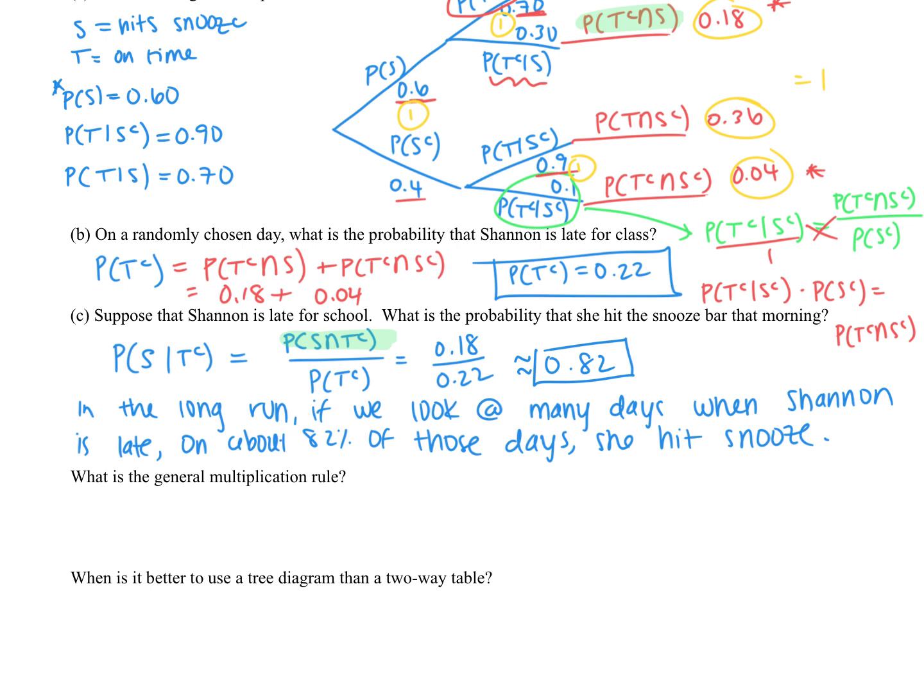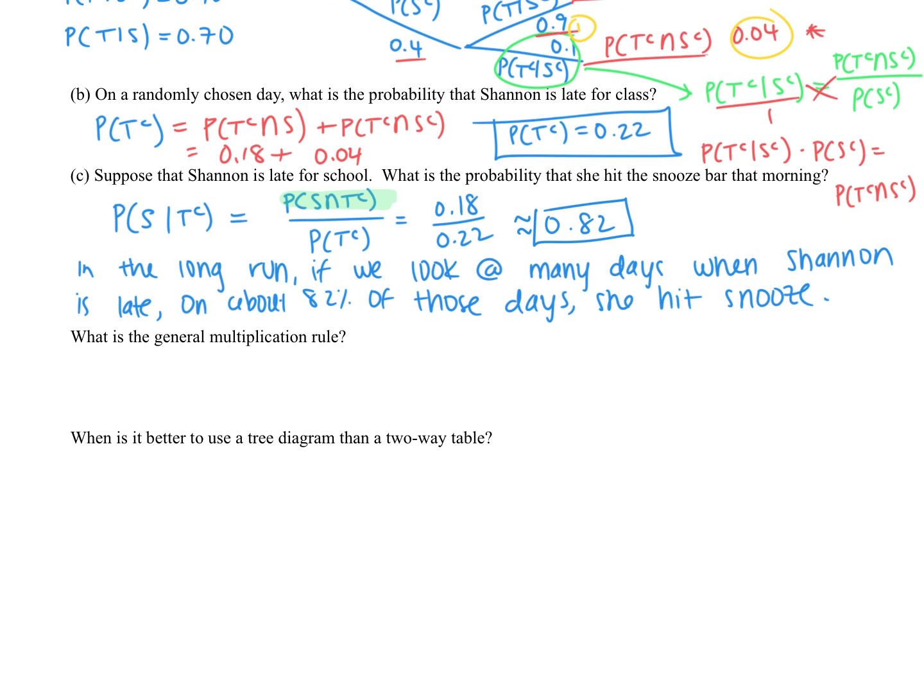I need two more things to write down. We are going to do another one of these next class. So right now I just need you to write this down. General multiplication rule. If we take the conditional, what the general multiplication rule does is it solves for the AND.